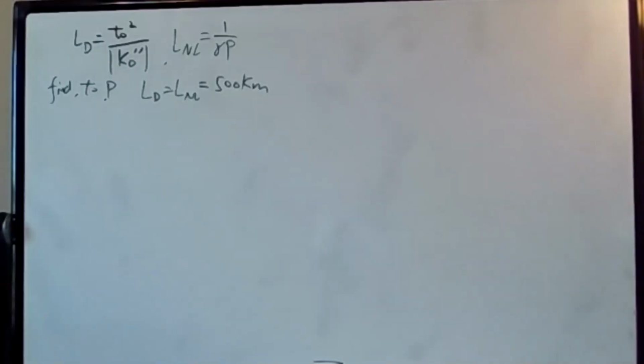Today we will still give different scenarios, looking at how the nonlinear length and the dispersion length play a role in whether my transmission is dispersion dominated or nonlinear dominated.